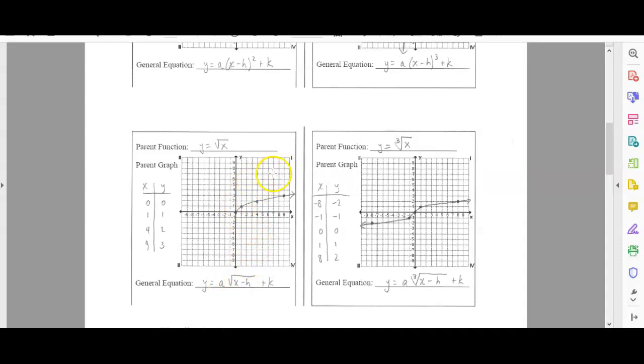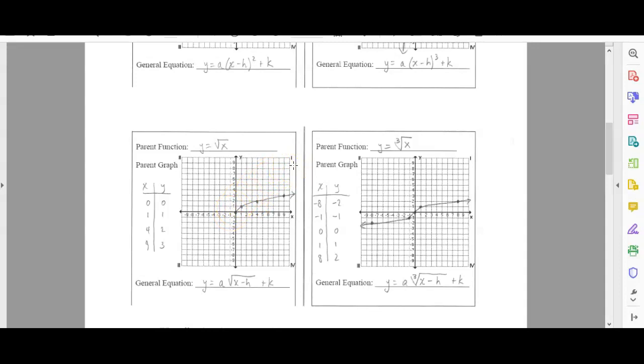So if you can follow my cursor here, an a value bigger than 1 would, well, let's actually explore it a little bit. Let's say that I had 2 times the square root of x, then all of these values would get doubled, because I would do the square root first, and then I would double the result. So if I doubled all these values, I'd still have 0, I'd have 2, I'd have 4, I'd have 6. So these values would be twice as high, pulling them away from the x-axis.